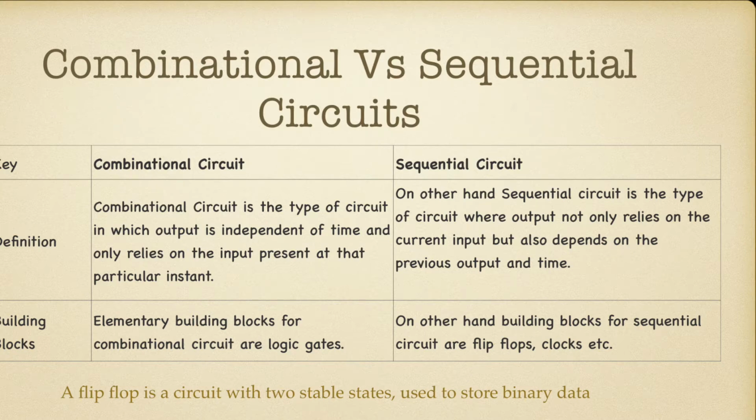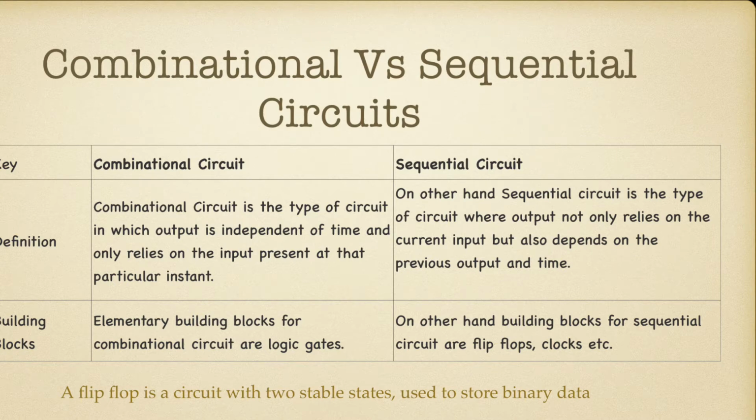On the other hand, a sequential circuit is a type of circuit where output not only relies on the current input but also depends on the previous output and time. So, the output of the sequential circuit depends on the input and the previous output, and it will also depend upon the time.